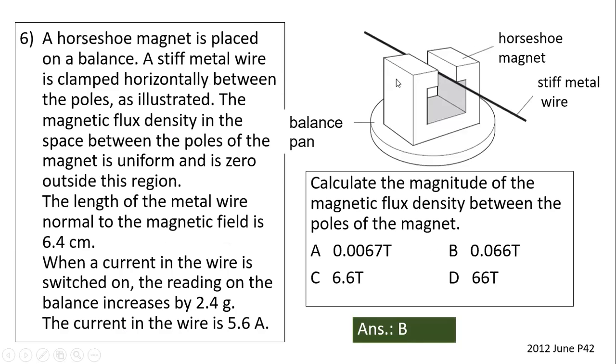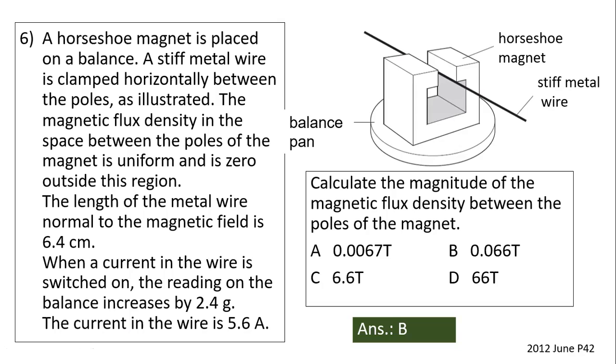Horseshoe magnet. A horseshoe magnet is placed on a balance. A stiff metal wire is clamped horizontally between the poles as illustrated. The magnetic flux density in the space between the poles of the magnet is uniform and is zero outside the region. Length of the metal wire normal to the field is 6.4 cm.